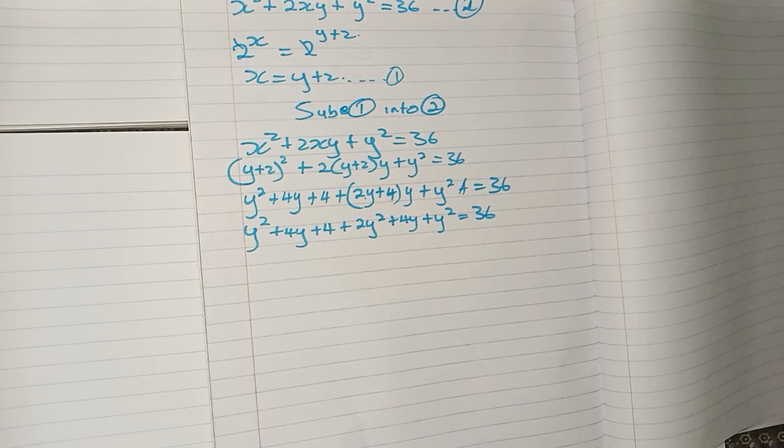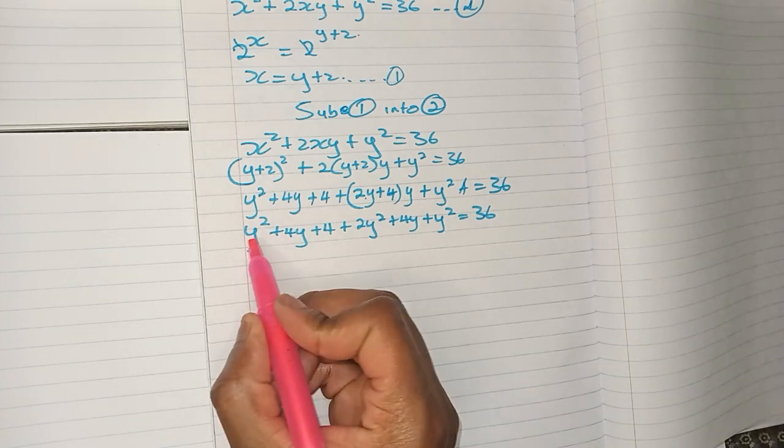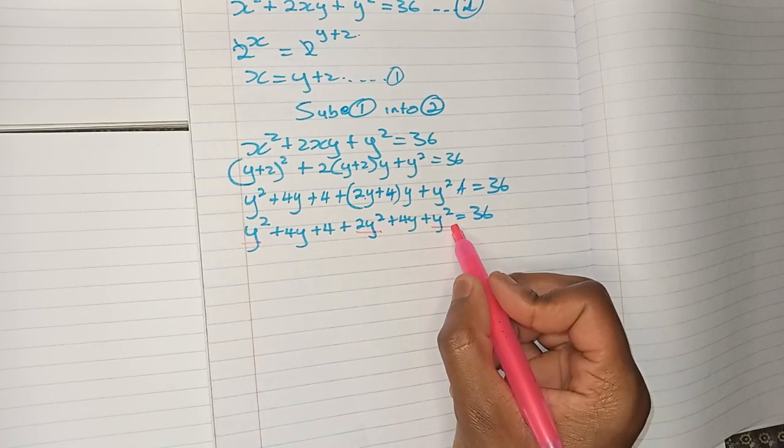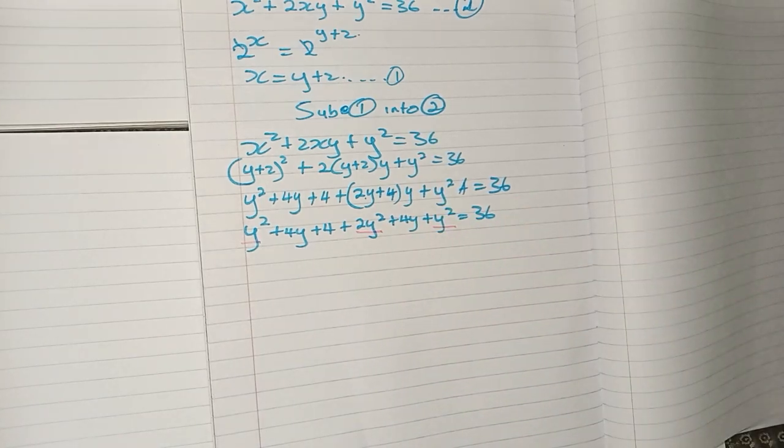All right. I just want to use another marker just so you can see, right? Thanks. All right. I'm just gonna use pink. We all love pink, guys. All right. This is y squared. This is y squared. This is y squared, right?